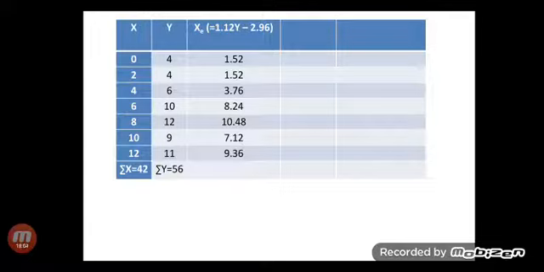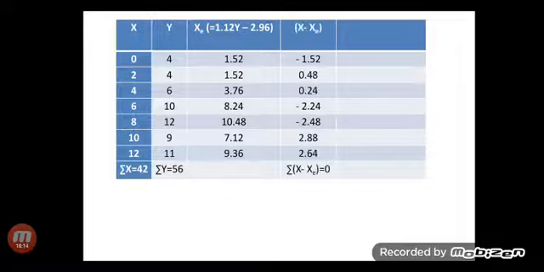We get the estimated value xe. Now we subtract this estimated value of x from its actual value. We get these deviations, and the summation of the deviations is 0.